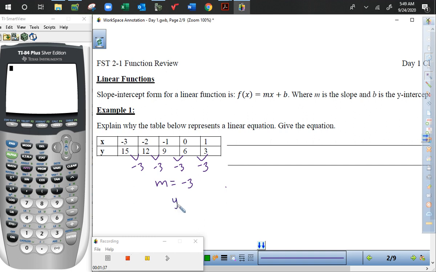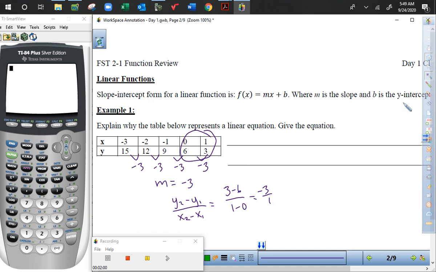Otherwise, we can use the formula y2 minus y1 over x2 minus x1 to figure out that slope as well. If I choose these 2 points, y2 minus y1 would look like 3 minus 6, and on the bottom it would look like 1 minus 0, so that's a -3 over a +1. So 2 ways to do that.